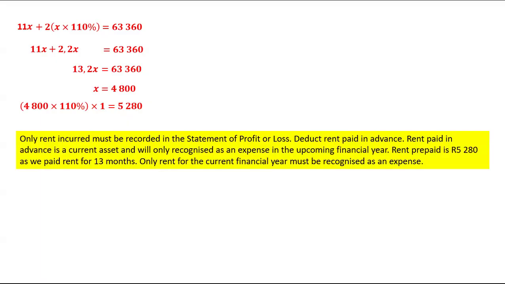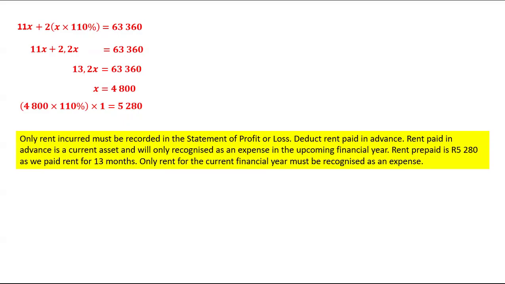To explain what I did here, I wrote this. Rent incurred must be recorded in the statement of profit or loss. We need to deduct rent paid in advance. Rent paid in advance is a current asset and will only be recognized as an expense in the upcoming financial year. Rent prepaid is 5,280 as we paid rent for 13 months.